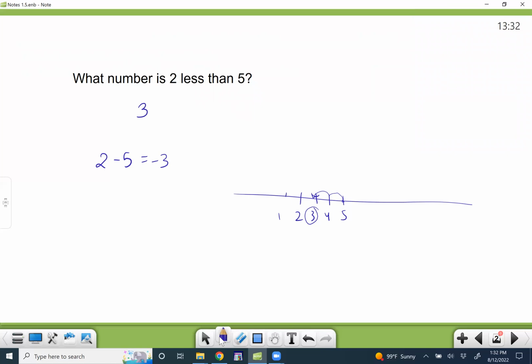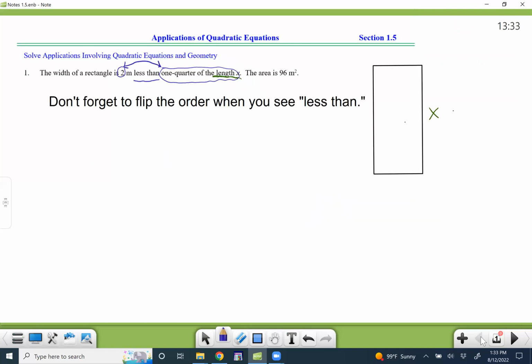So instead of the 2 being first, these two, whenever we see the words less than, are going to flip-flop positions. So it's actually going to be 5 minus 2. So don't forget to flip-flop whenever you see less than. And you know what I'm going to write below this? See next slide, okay?